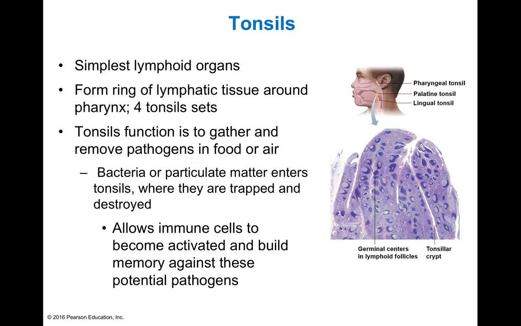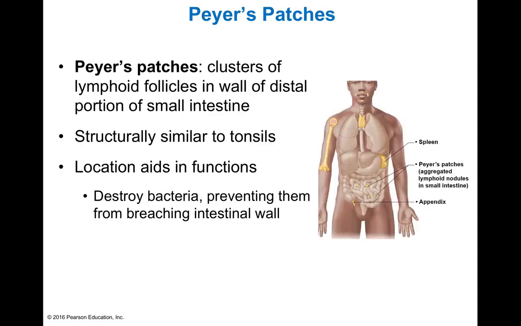If there is a significant response in the tonsils, then you have swelling of the tonsils, which also causes a sore throat in many people. Peyer's patches, as I mentioned, are MALTs located on the folds of the small intestine.